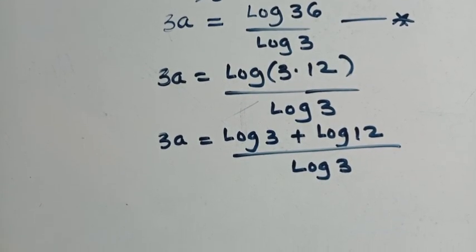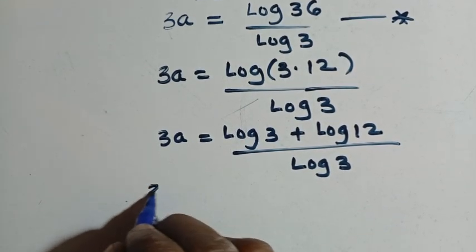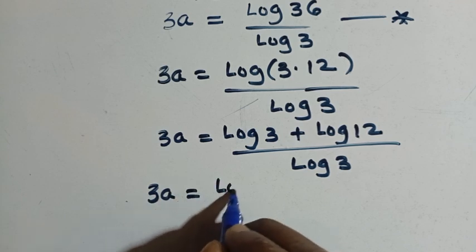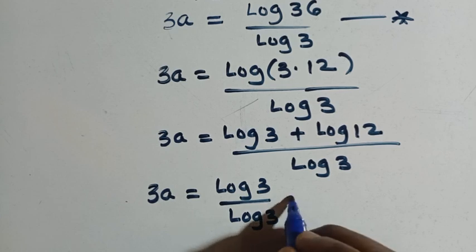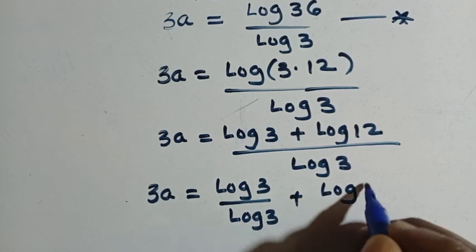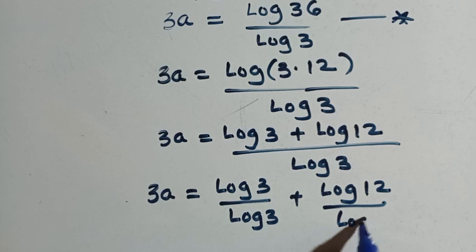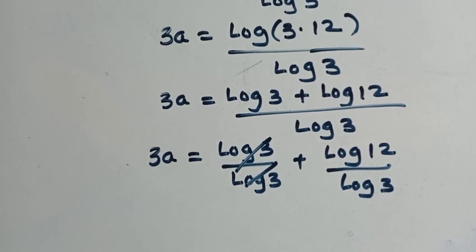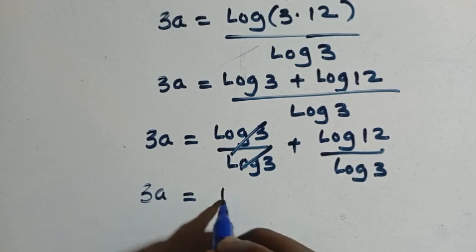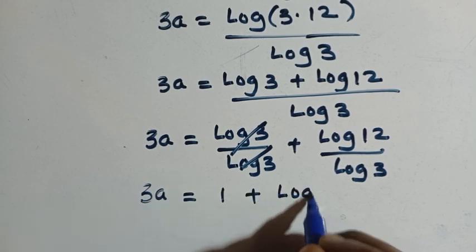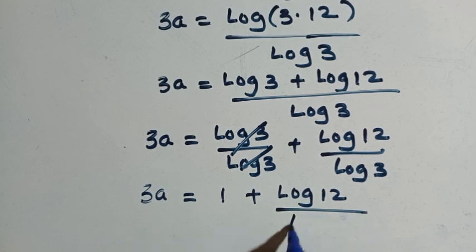Then we separate this as 3a equals log 3 divided by log 3 plus log 12 divided by log 3. When log 3 cancels log 3, we have 1. So 3a equals 1 plus log 12 divided by log 3.